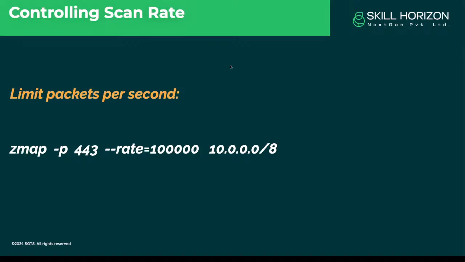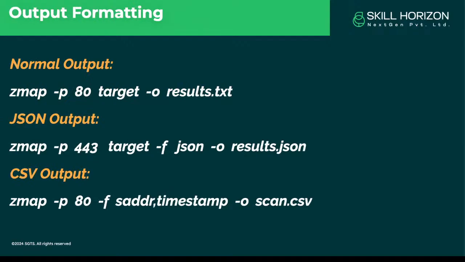The default rate is extremely high, so we are controlling the scan rate with the help of --rate. And this is extremely important if you are testing some production servers, cloud servers, or business targets. So limiting your scanning rate will be the most important thing.